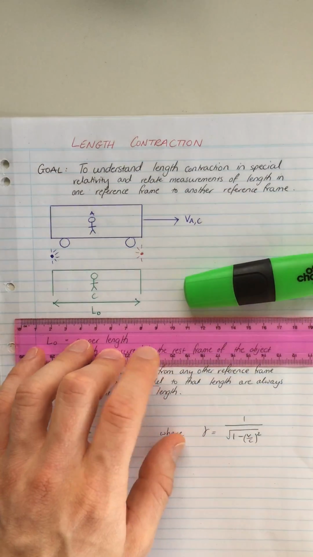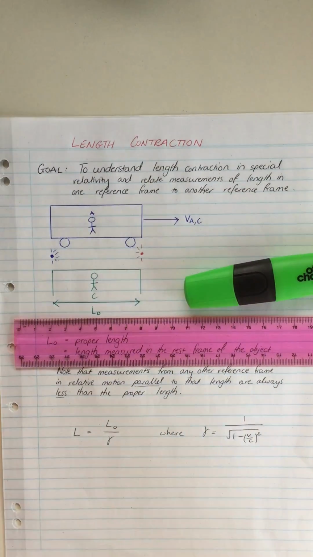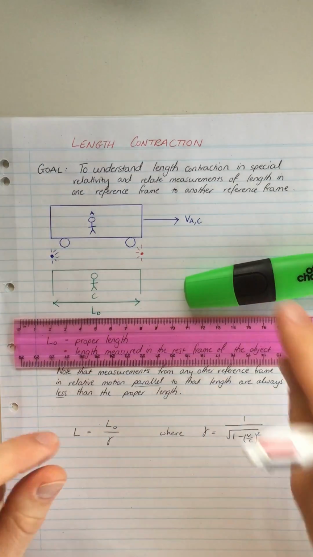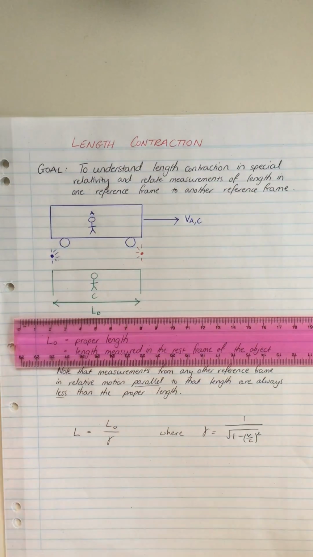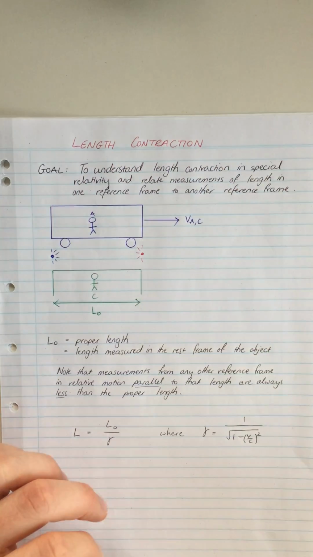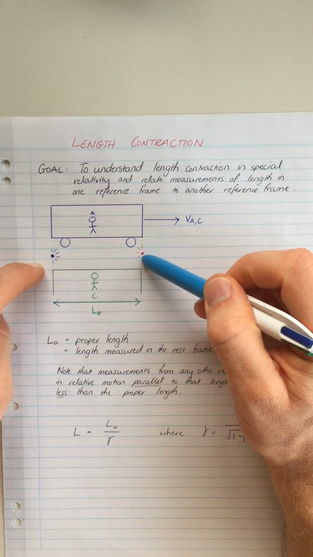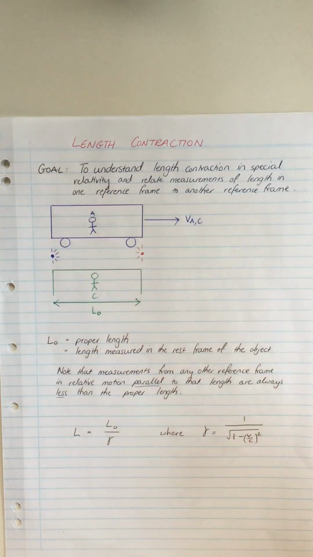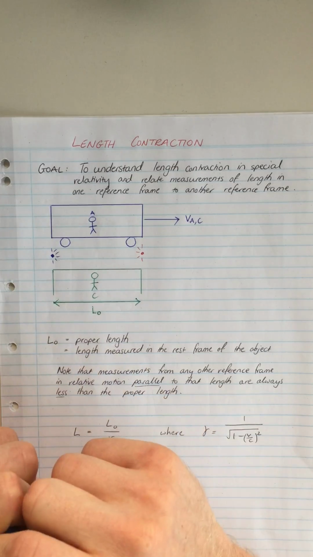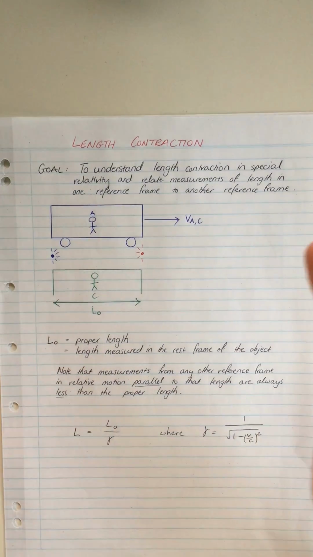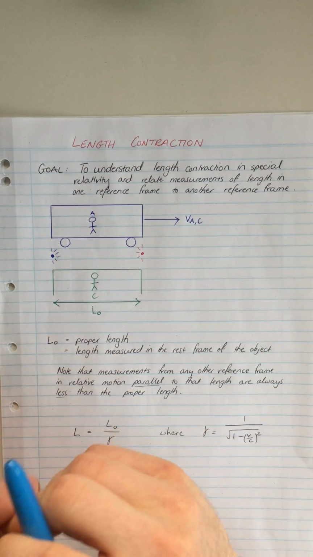Therefore, our object's only 1 centimeter apart. It only works if we take the measurements simultaneously. But again, that idea of simultaneity is relative. So this person does not agree that these two events were simultaneous. So they'll say, well, person C is an idiot because they didn't take these two measurements simultaneously. So in that sense, we're able to explain the discrepancy.